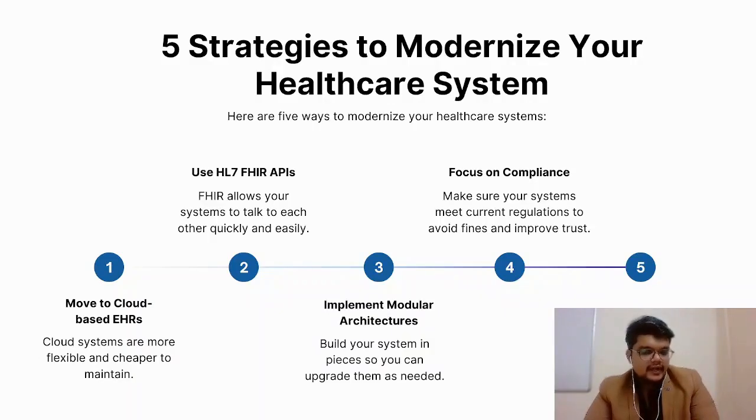Then we also have to implement a modular architecture, so that each module can be maintained separately, and it's easier to find a bug and resolve it. And obviously we have to focus on compliance, following all the ONC certification guidelines and all the HIPAA guidelines. The next step is that AI is coming and we have to integrate that.